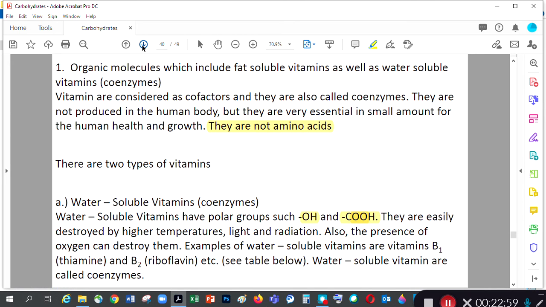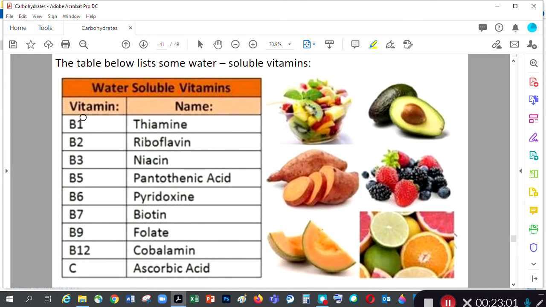Okay, let's see now. Yes, they are here. All those are water-soluble: vitamin B1, B2, B3, B5, B6, B7, B9, B12, and vitamin C. Don't forget vitamin C, which is ascorbic acid, correct? Vitamin C is ascorbic acid.